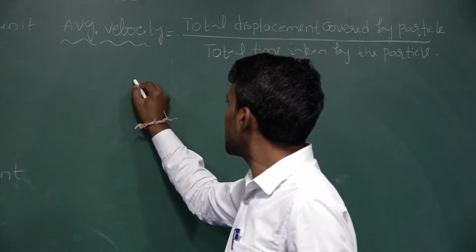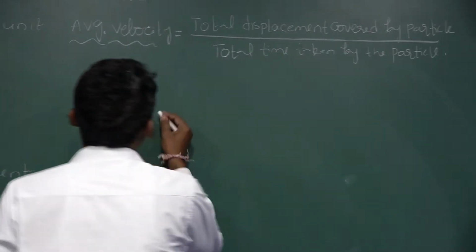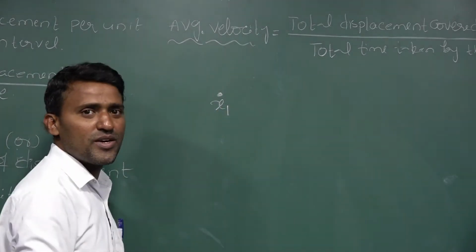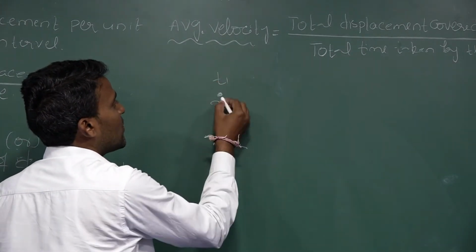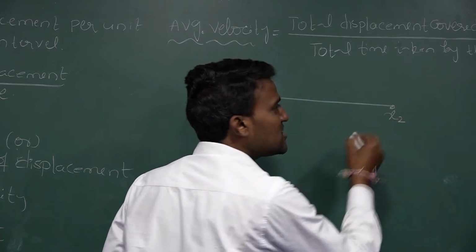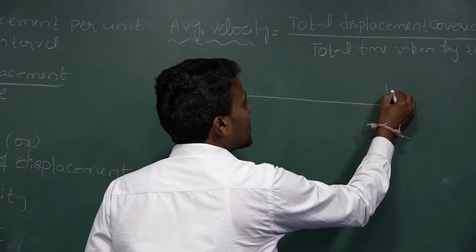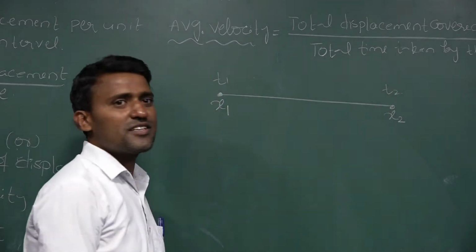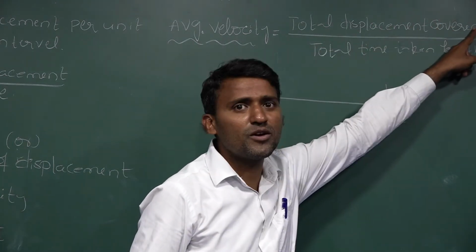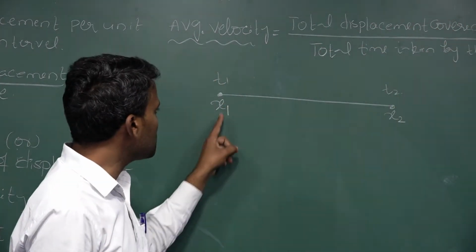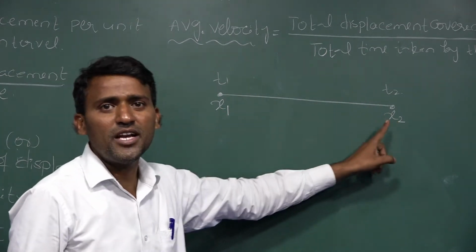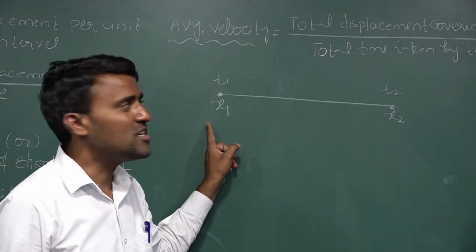In average velocity, how can we write the equation? For example, an object started its journey from the position x1 at time t1 and reached the destination. The position of the destination is x2, reached at time t2. Total displacement covered by the particle is x2 minus x1, final position minus initial position. Total time taken is final time minus initial time, t2 minus t1.